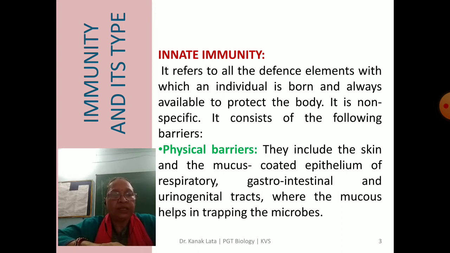Mucus is helpful in trapping the microbes which may enter from the outside environment. This mucus helps in trapping the microbes which are entering the body from the outside environment.